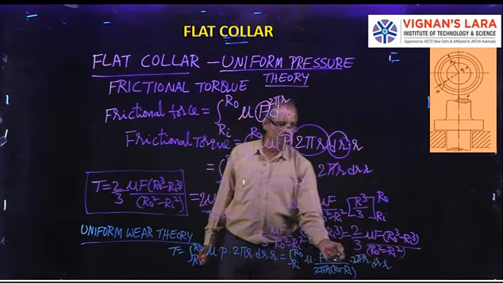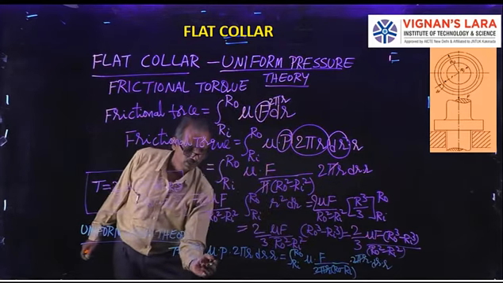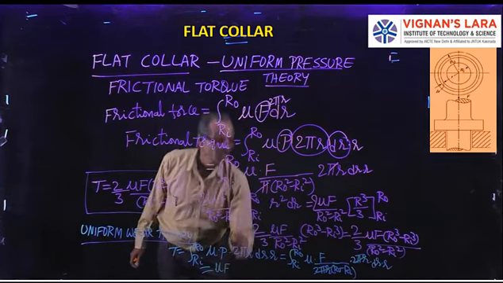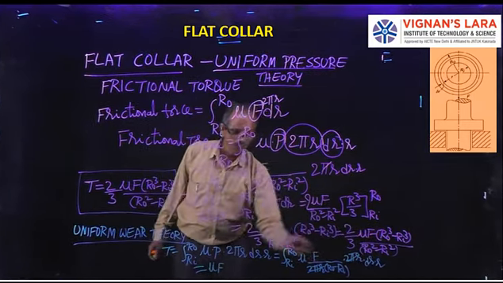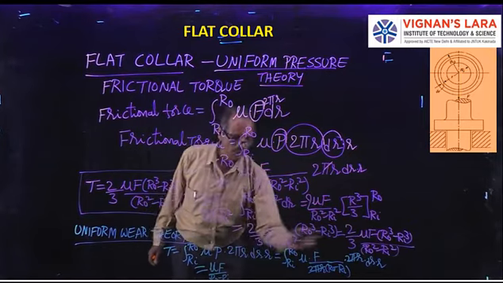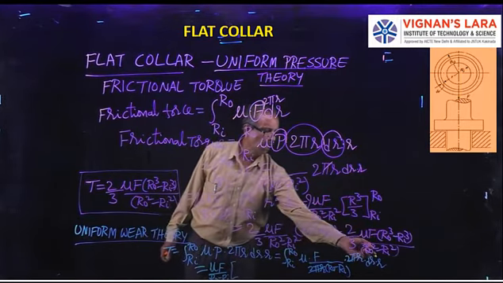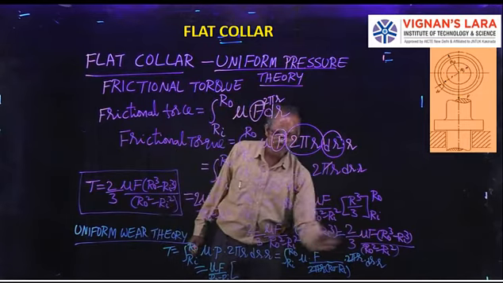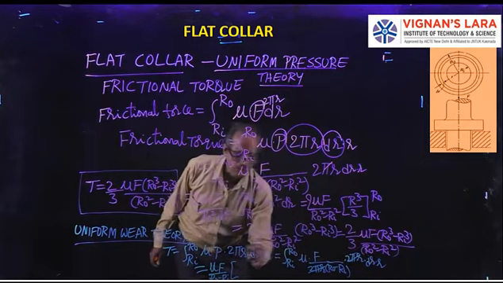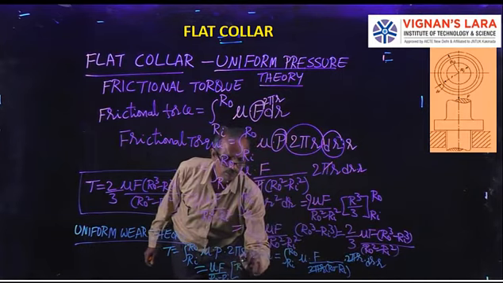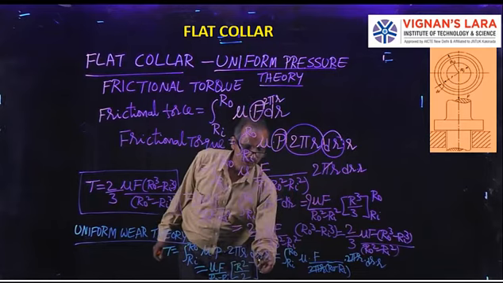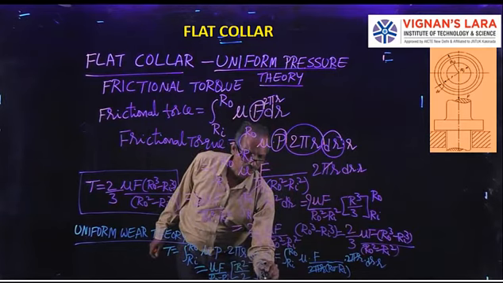You have dr r, mu F, where mu is the coefficient of friction and F is the force, by (r naught minus ri) into dr r. So the integral of r dr is r square by 2, between the limits of r naught and ri.